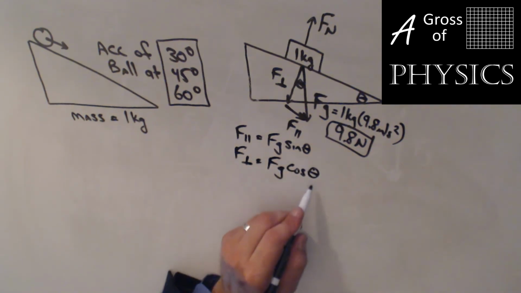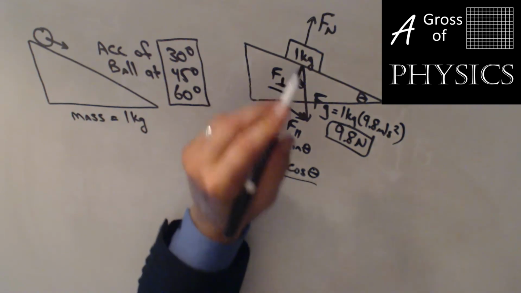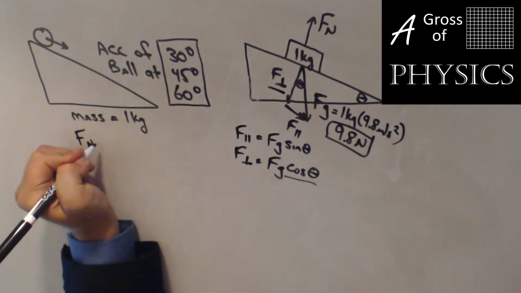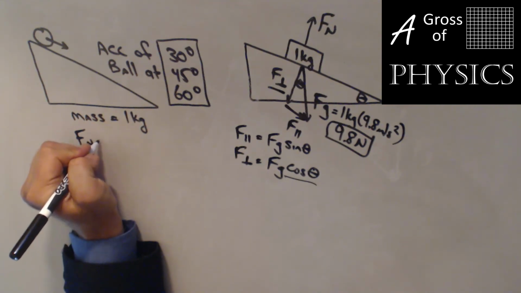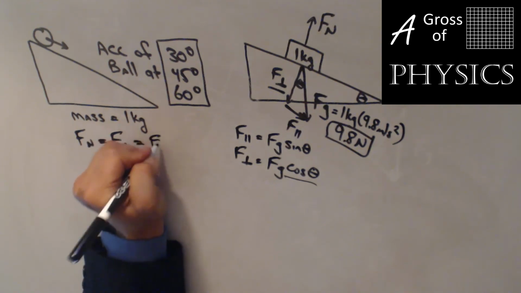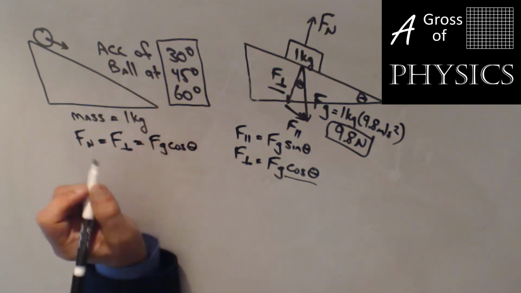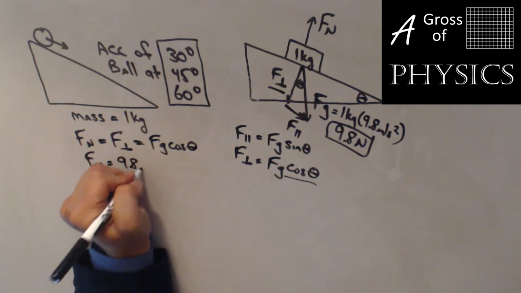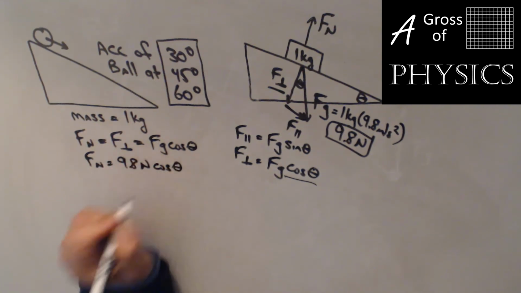Well, the cosine is going to contribute to the normal force, and actually that'll help us later when we deal with friction. But for now, I'm just going to say Fn equals F perpendicular, which is going to equal Fg cosine theta. And we know that Fn then equals 9.8 newtons cosine of whatever the angle is.